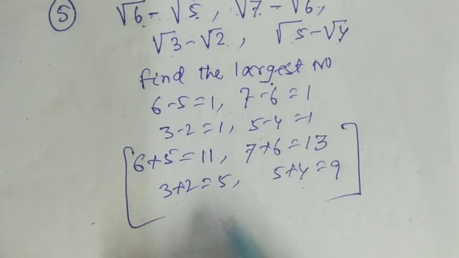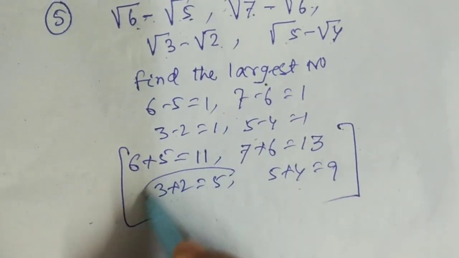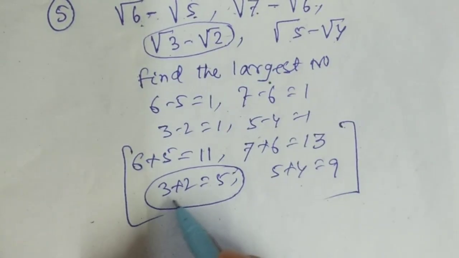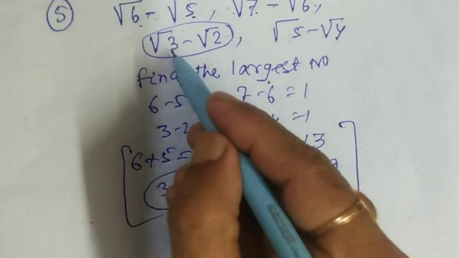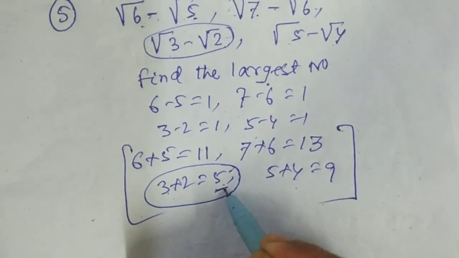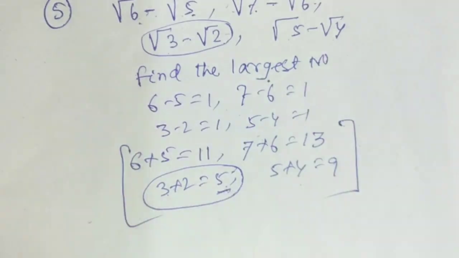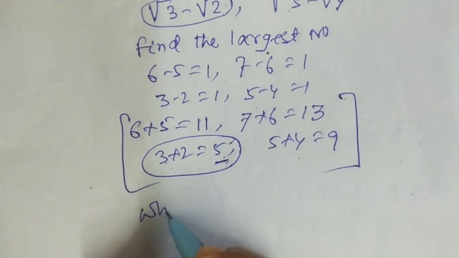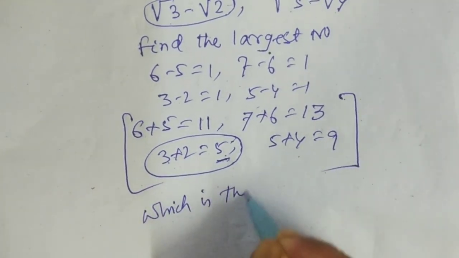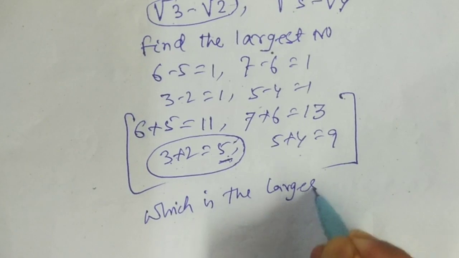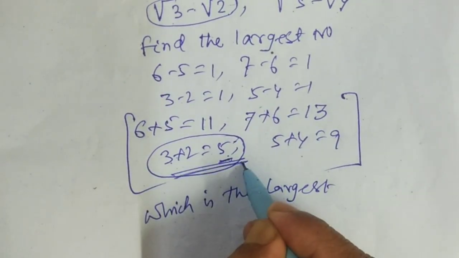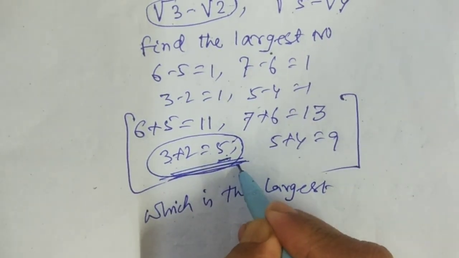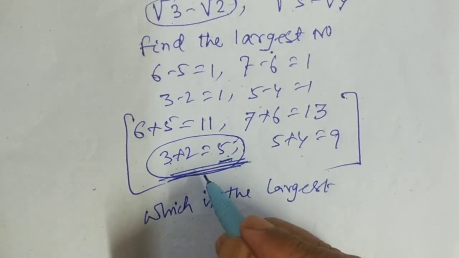So here, which is the minimum? This is minimum. So the minimum figure is the answer for the largest number. Now, which is the largest? This is largest, because this value comes minimum here.